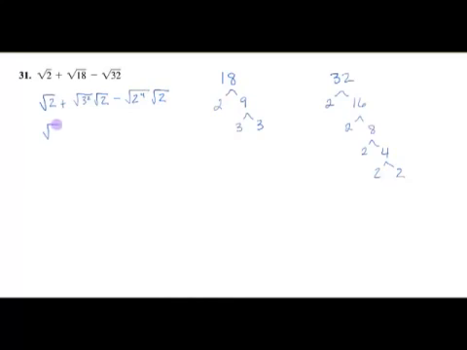That gives me the square root of 2 plus the square root of 3 squared is 3 square roots of 2 minus the square root of 2 to the 4th is 2 squared, which we know is 4 square roots of 2. Now we have 3 radicals that are like, and we can put them together. 1 square root of 2 plus 3 square roots of 2 is 4 square roots of 2 minus 4 square roots of 2 is 0.